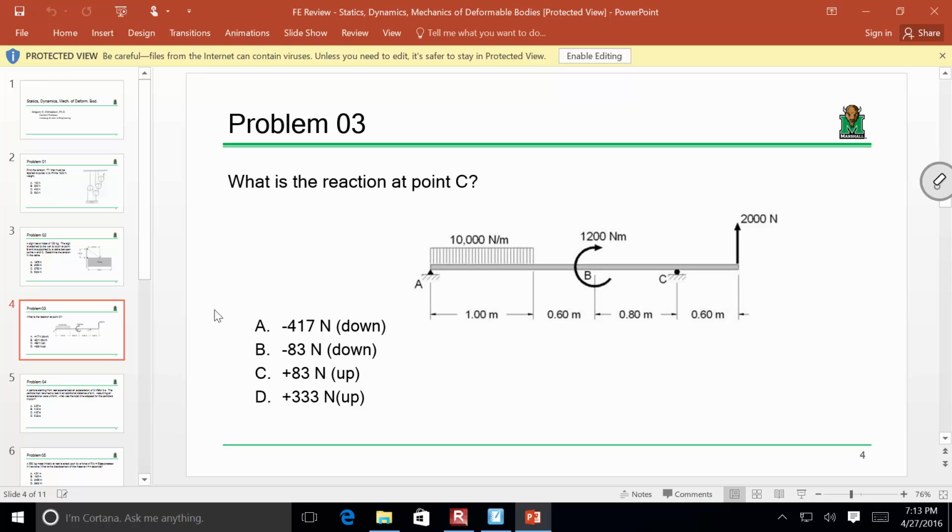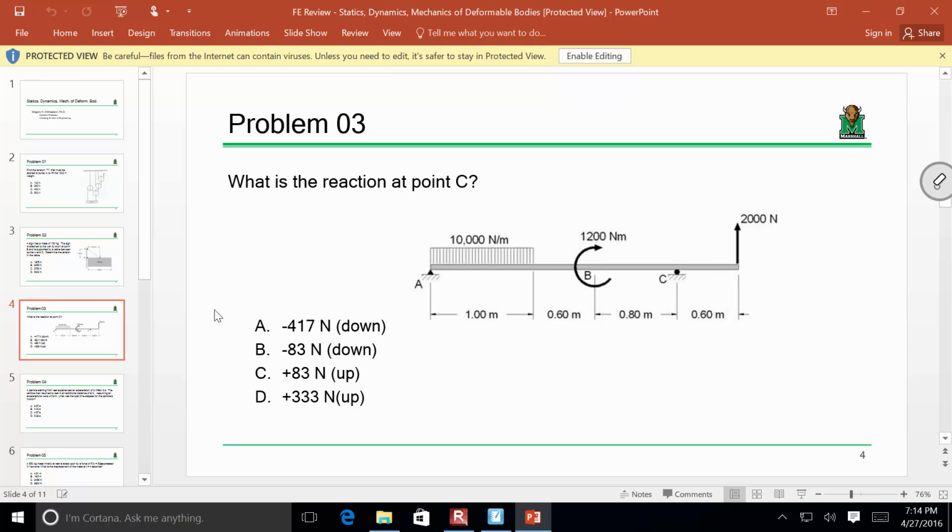Okay, so what's the reaction at point C? So a strategy, let's talk about strategy. If I want to determine the reaction at point C without doing any math, what do you think I should do first? Like what would your strategy be for this problem?